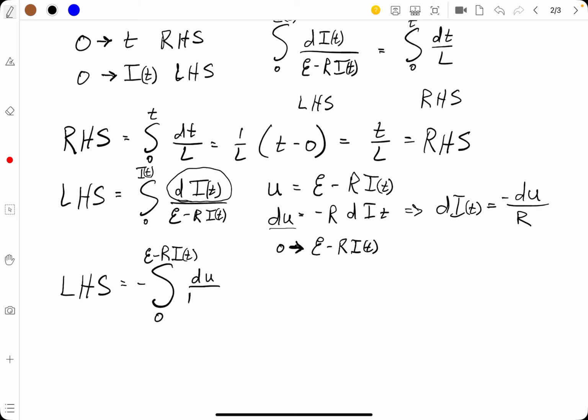And we've got r over u. The r can pop right on out of there. And we're left with the natural log of u, right? We're going to evaluate from 0 to up here.